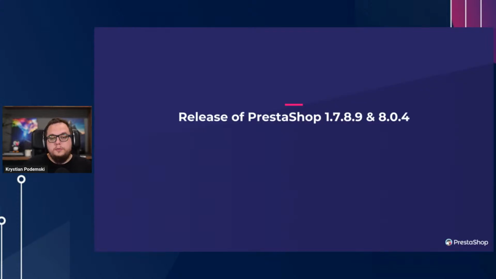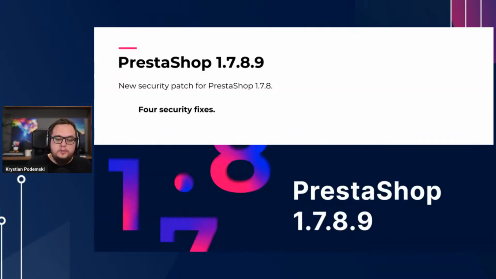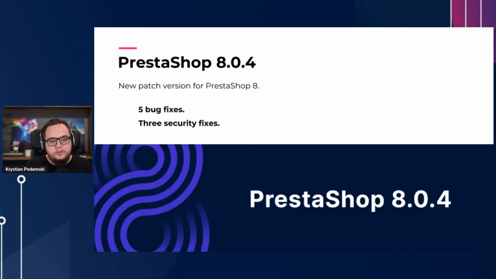And yeah, let's start with the project news. First of all, two patch releases. One is about PrestaShop 1.7. It is the release as part of our extended support phase for PrestaShop 1.7.8. It is a security release, which fixes 4 security issues reported by community researchers. The same goes for PrestaShop 8, and there were 5 bug fixes and 3 security fixes.